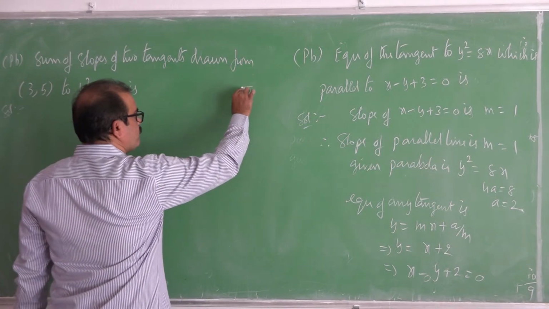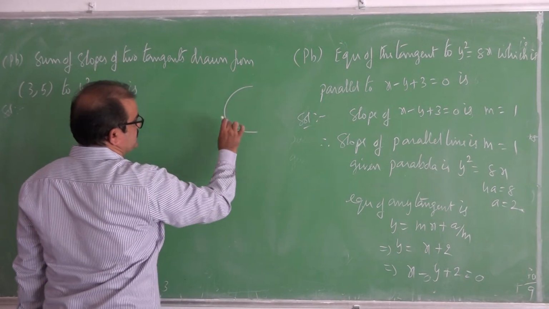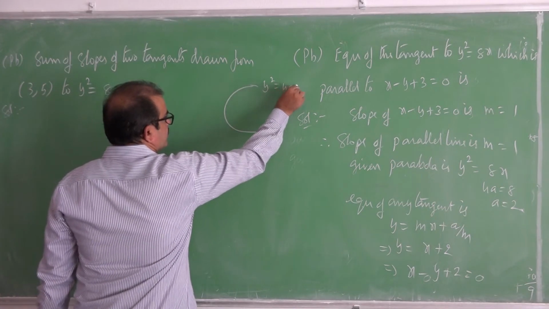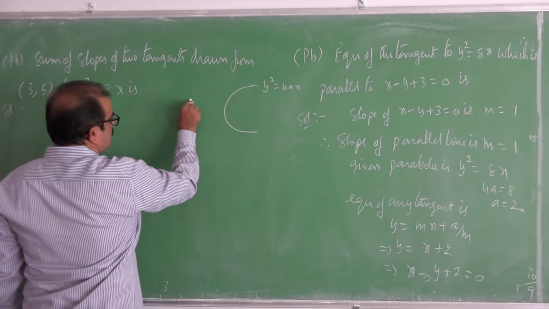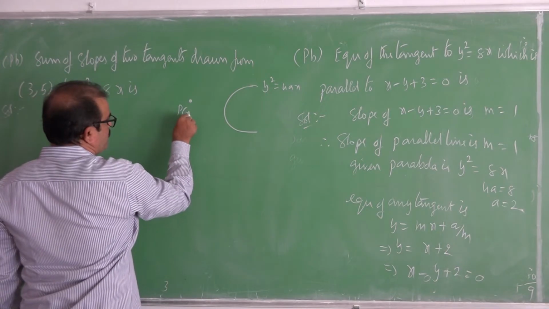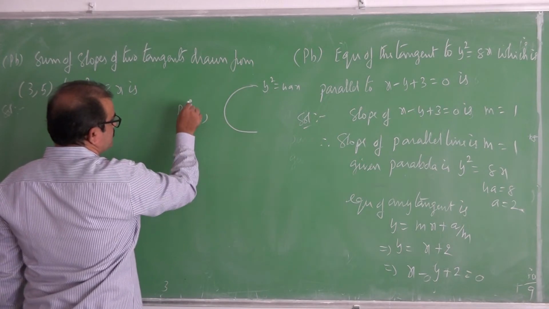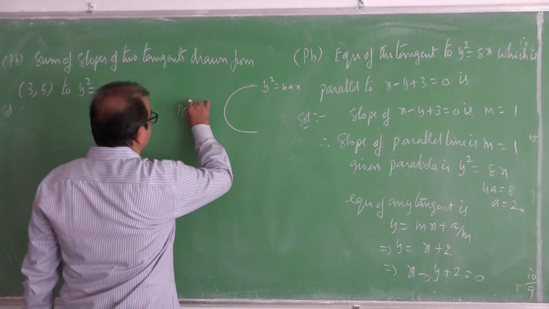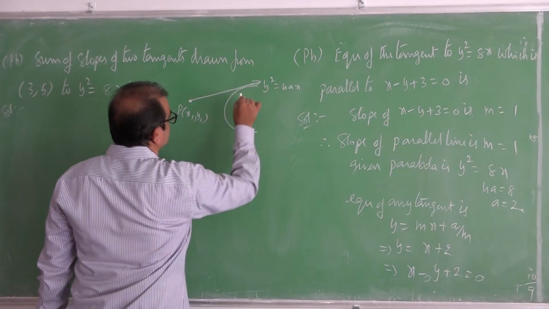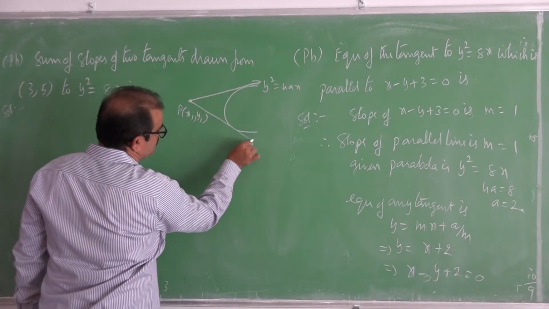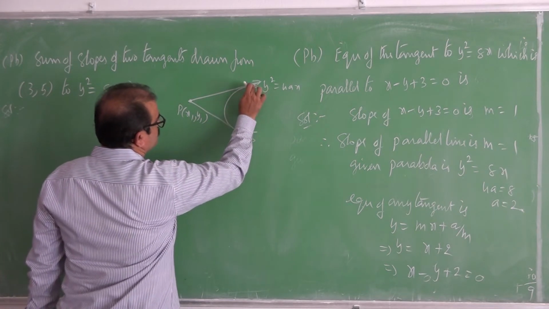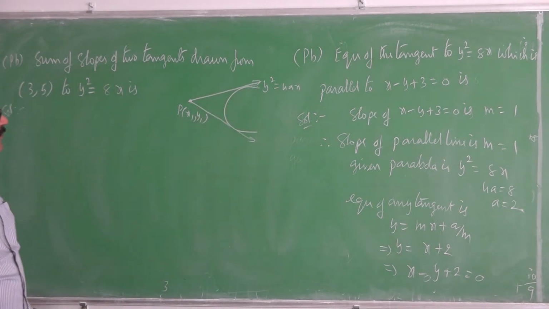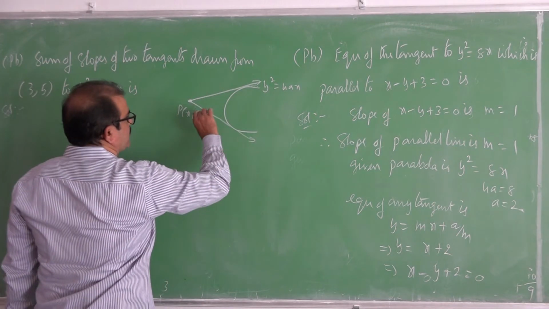See, y square is equal to 4ax. This is the shape of that parabola. From an external point, this is the external point to that parabola, how many tangents are drawn? This is one tangent and this is another tangent. Two tangents are drawn from an external point to the parabola.